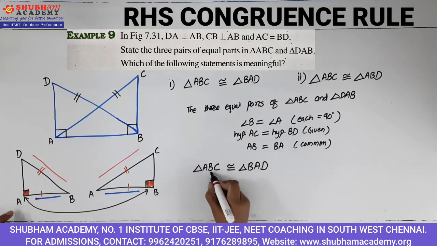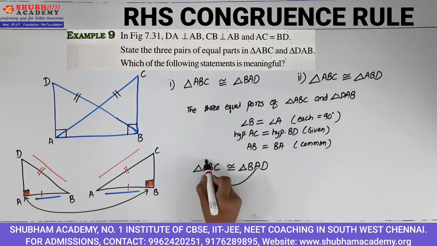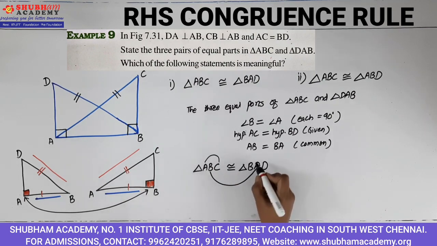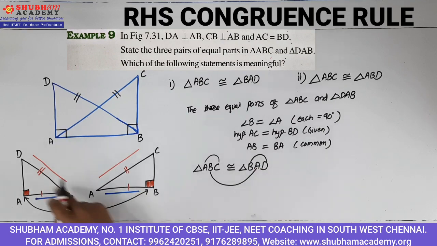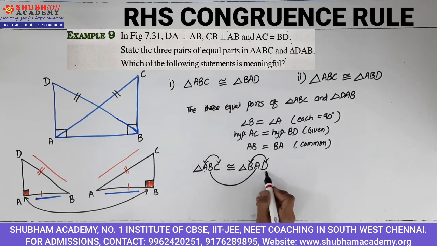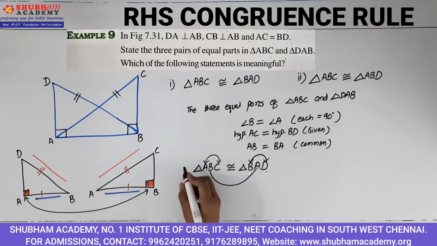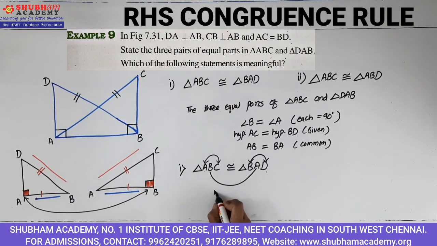Because see here, angle B corresponds to angle A. Then A and C in the first and third position, B and D, which are equal, they have given AC is equal to BD. So A corresponds to B and C corresponds to D. So the first part is meaningful.